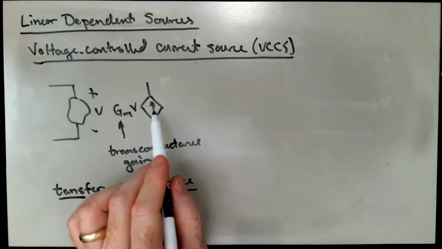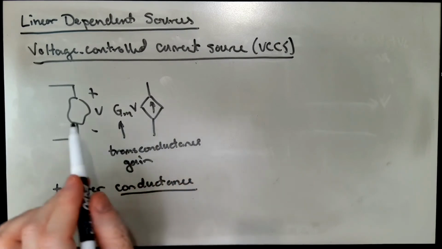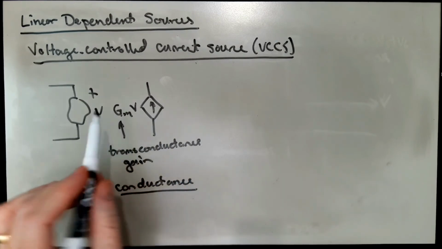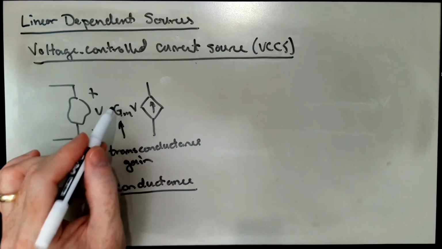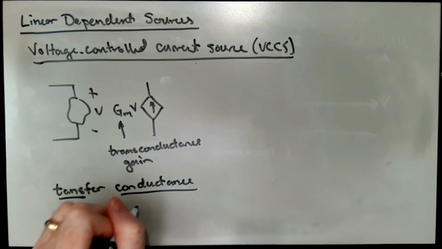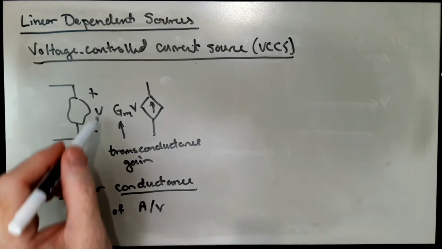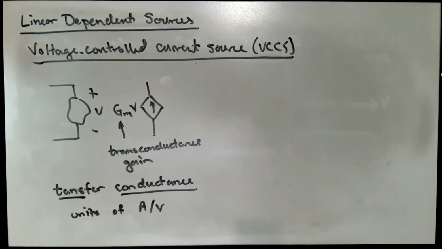Okay, because the output variable here is a current and the input variable is a voltage, that means that G_m has to have units of amps per volt, so that the volts cancel with the volts and you get out amps. And an amp per volt is a perfectly fine way of expressing the gain value. You could say it's so many amps or microamps per volt or something like that.